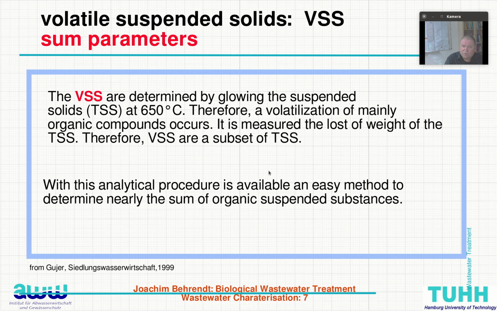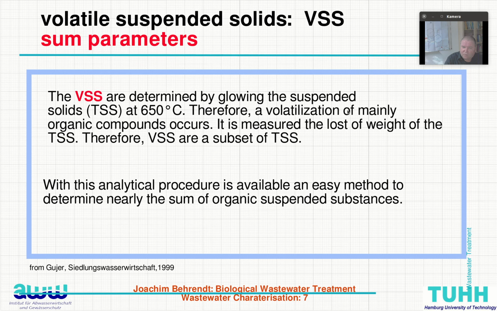Sometimes we want to know the amount of organics in the suspended solids, and therefore we have another sum parameter, the volatile suspended solids. In this case we are glowing this dried filter at 650 degrees centigrade. This is also important: not a very high temperature, because carbonates could be destroyed.